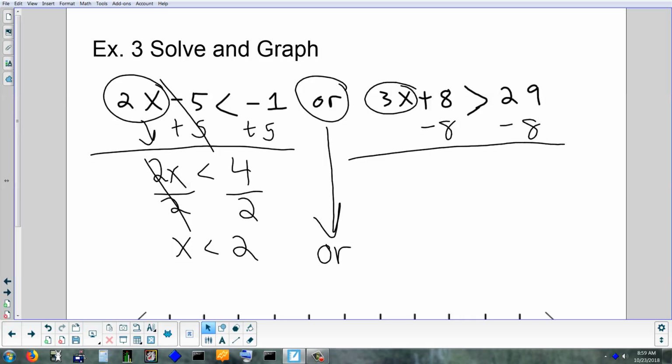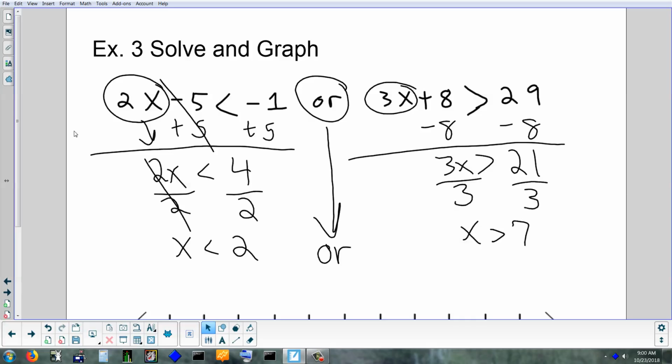You have $9, you spent 8. How much do you have left? 1. And then I'm just going to bring the 2 down. You can think of it that way too. My sign doesn't flip. I bring the 3x down, just like I did over here. My last step is to divide. I'll divide by 3. x is 7.